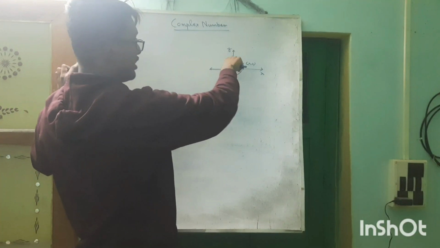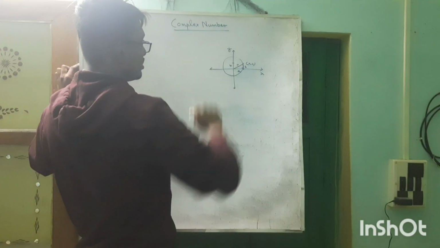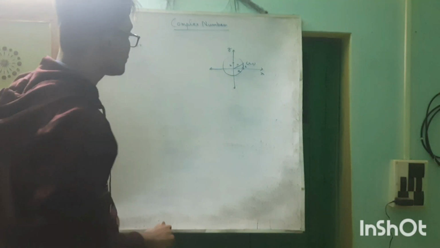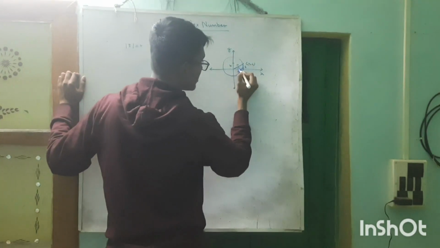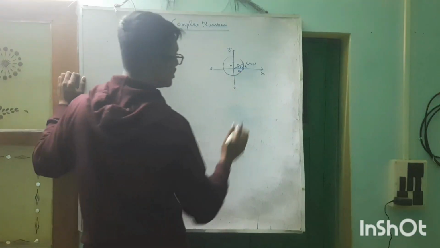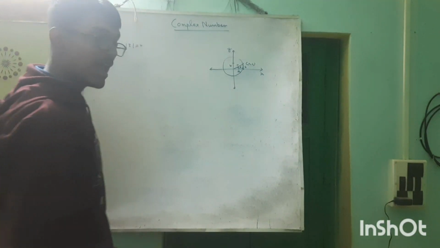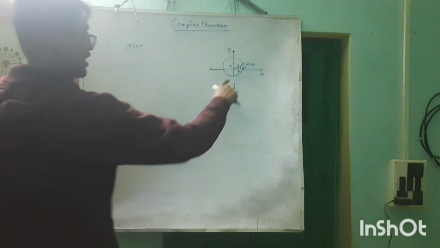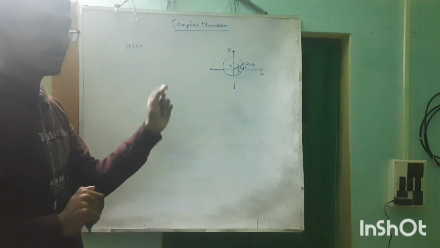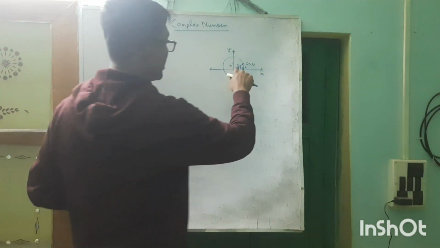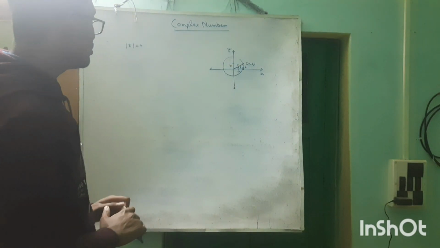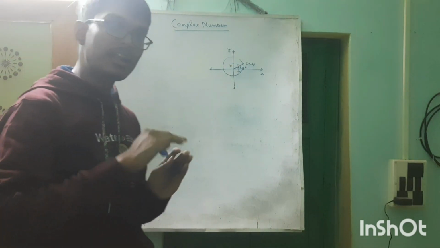So all the points on that circle have modulus r. If we particularize that angle theta, we particularize a point, and this is the complex number. So a comma b is the coordinate of the complex number a plus ib, and if we particularize r and theta, meaning the modulus and this theta, we represent that complex number in another way.